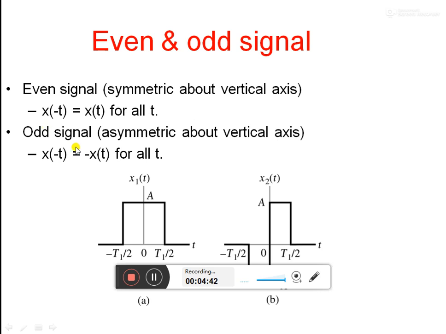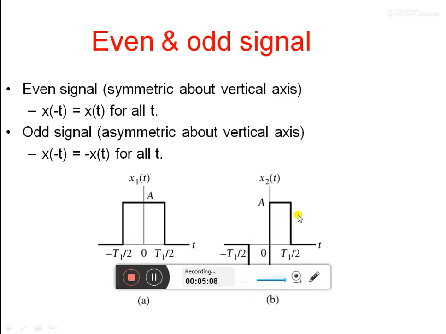Similarly, if I consider an odd signal, the signals are asymmetric about the vertical time axis, which is represented as x of minus t equal to minus x of t. This means that whatever signal I have on the positive time axis, exactly the reverse version of the signal will be there on the negative time axis.